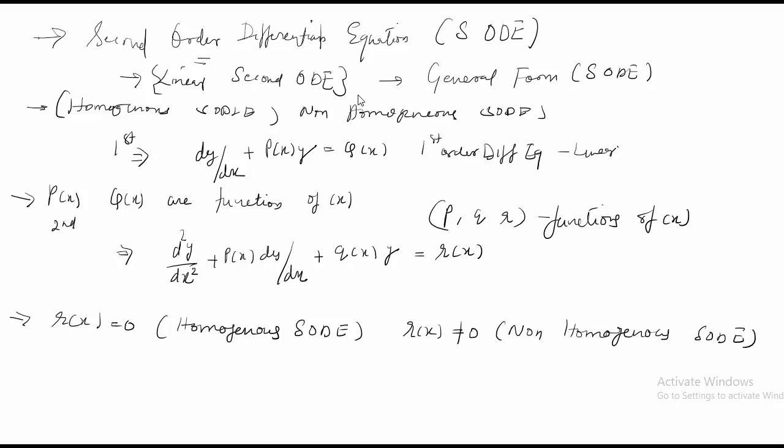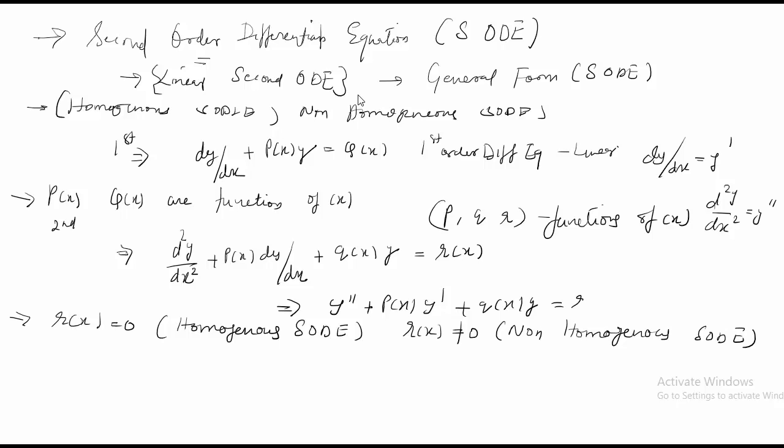So again, if I write dy by dx as y dash and d square y by dx square as y double dash, then this can be written as y double dash plus p of x y dash plus q of x y is equal to r of x.